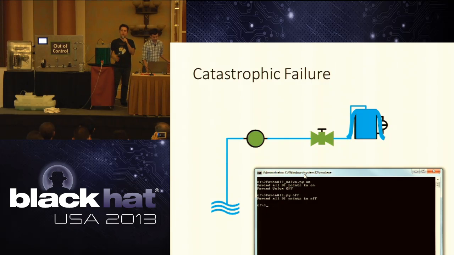A lot of operators think the worst thing that can happen is they lose visibility into their process, but what really is the worst thing that could happen is a data incongruity, so they don't really see what's actually going on.